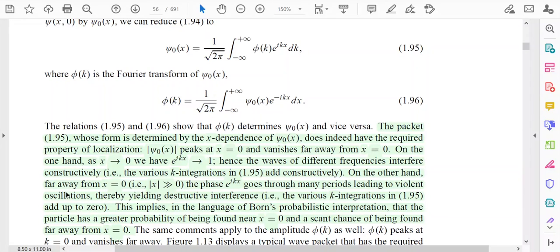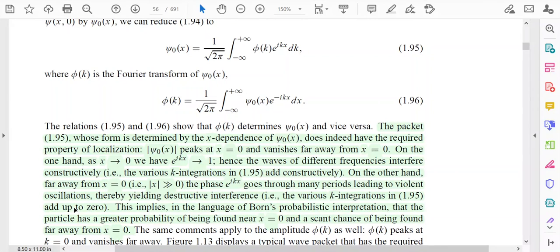On the other hand, far away from x equal to 0, when we move to the right or left, that is mod x much greater than 0, the phase e to the power ikx goes through many periods leading to violent oscillations, thereby yielding destructive interference. That is, the various k contributions in 1.95 ultimately give 0 values.